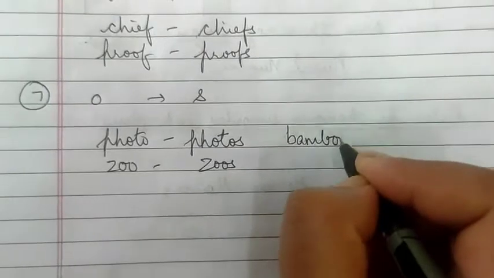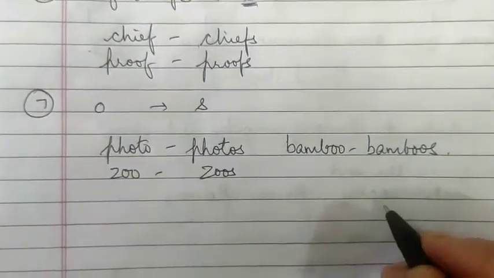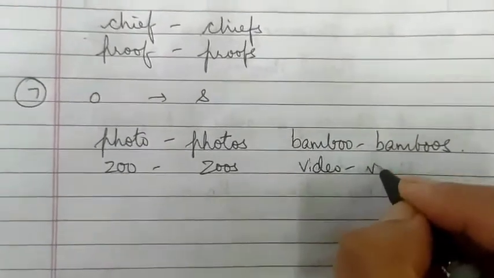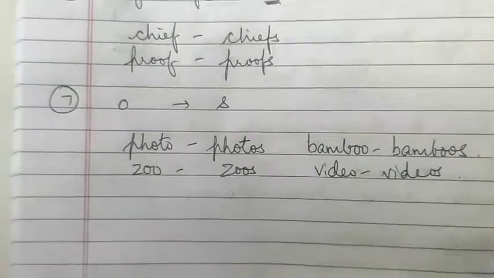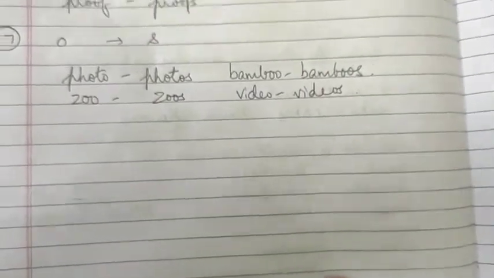Bamboo. Bamboos. Video. Videos. I hope children you have understood this point. The words or the singular nouns which end with O, when we change them into plural form, we add S at the end of the word, of the singular noun. We add S. Now, let's move on to the next one.